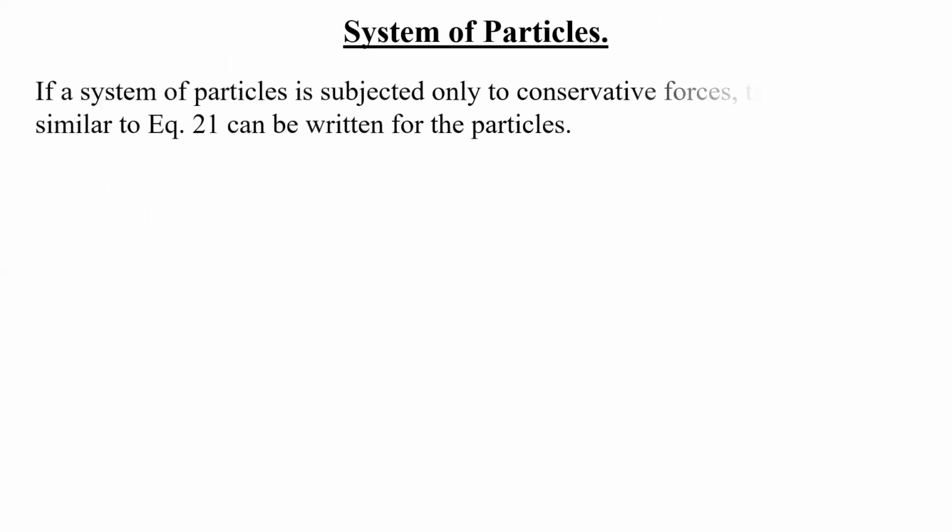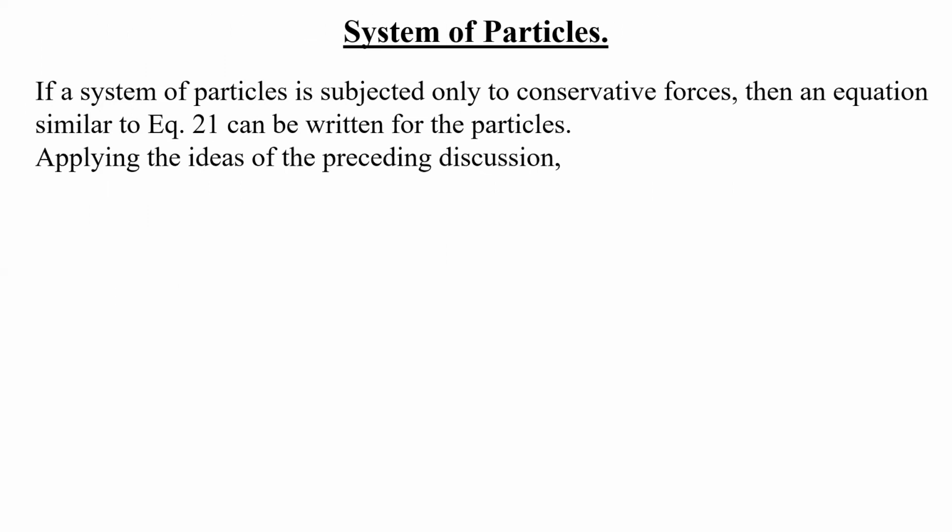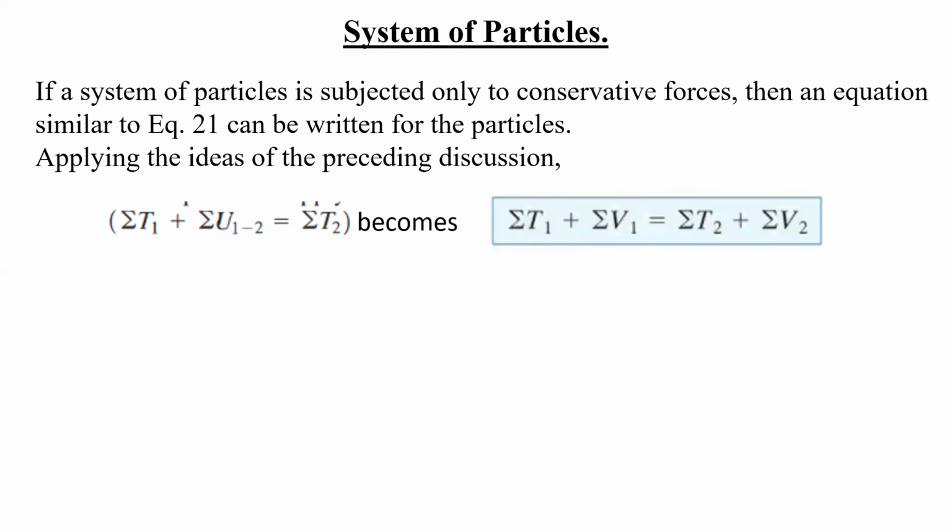System of particles. If a system of particles is subjected only to conservative forces, then an equation similar to the one I have been developing can be written for the particles. Applying the idea of the preceding discussions, we just sum all the terms together. So summation T1 plus summation V1 equals summation T2 plus summation V2.